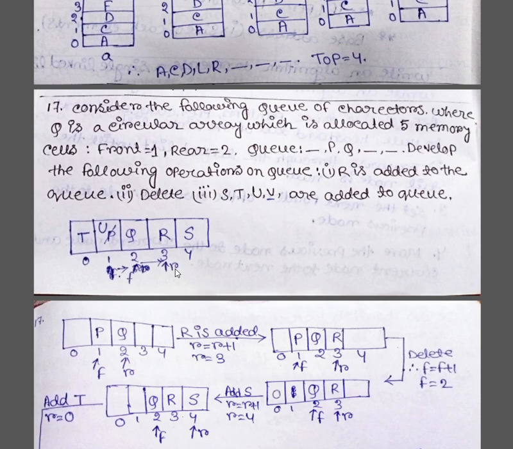We will be studying that later, but for this particular question we need to know that from the rear pointer we insert any element, and from the front side we delete any element. There is a term for queue, that is dequeue. Dequeue means delete, and there is a term, enqueue. Enqueue means insertion.